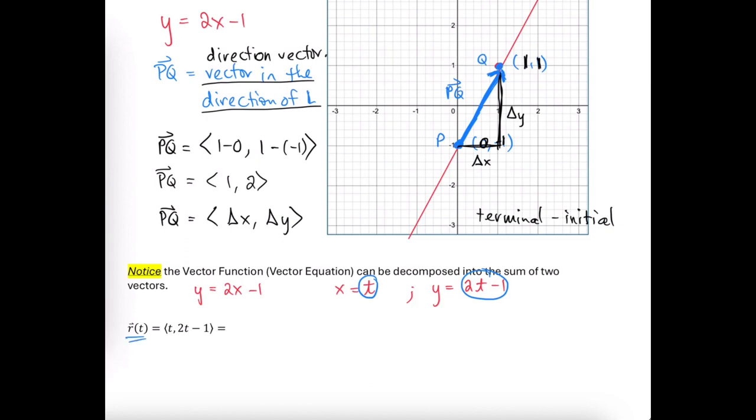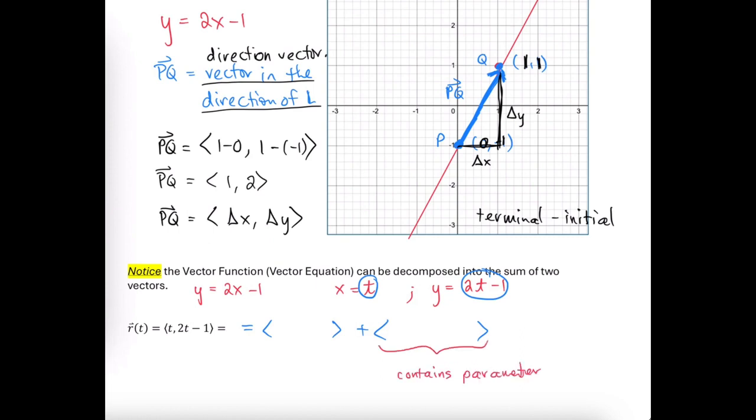What we want to notice here is that the vector function has t as the component of x and 2t - 1 as the component for the y values, and we can decompose this vector into the sum of two vectors. We want the second vector to be the one that contains the parameter t.